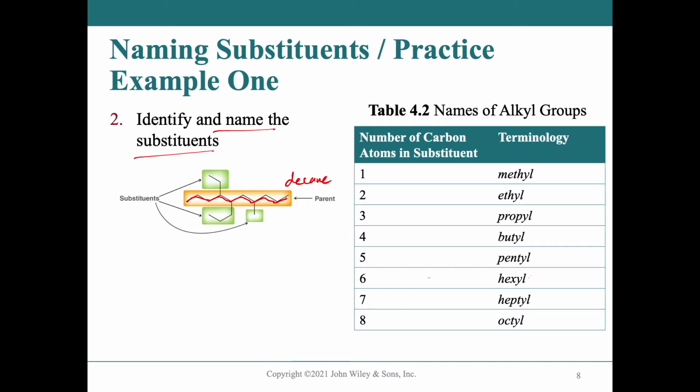So a substituent with only 1 carbon is called a methyl, like I said in the previous slide. A substituent with 2 carbons, like here, is called an ethyl, right? With 3 carbons, it's called a propyl. Okay, those are the substituents. And then butyl is 4 carbons, and the rest of them are self-explanatory: pentyl, hexyl, heptyl, and octyl, right?